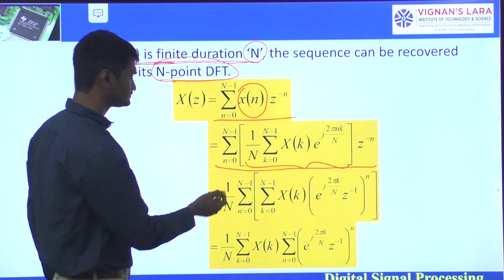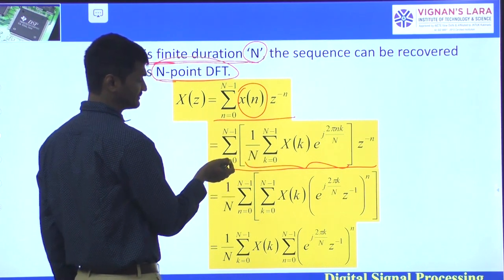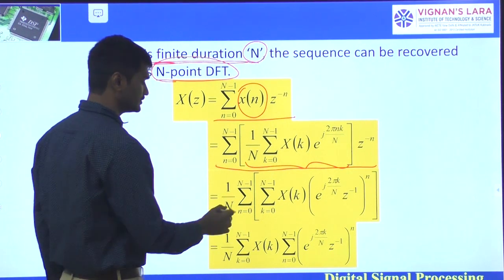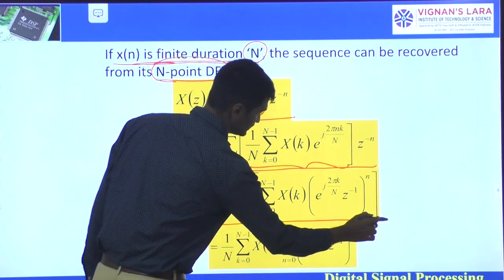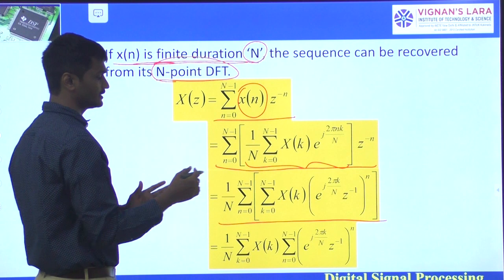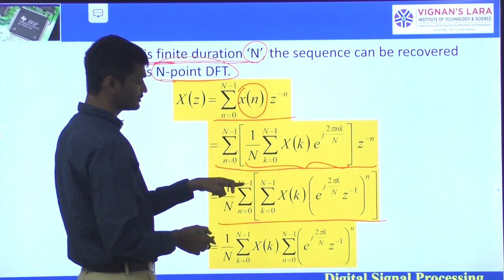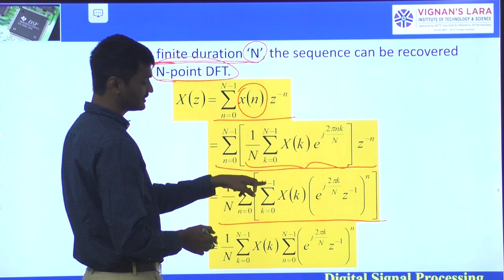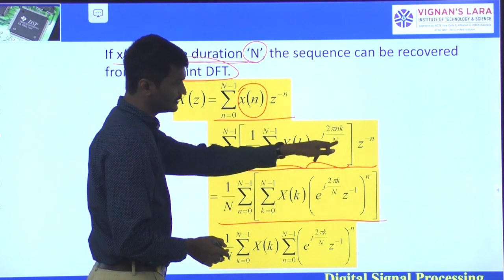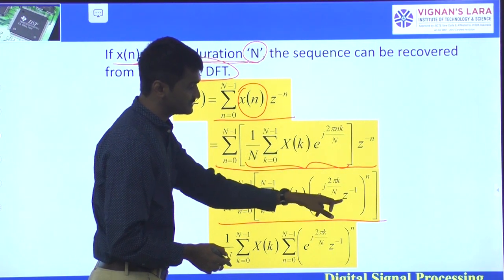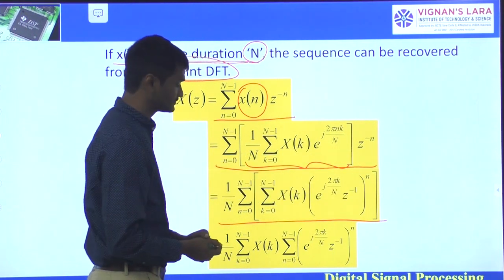Okay, then the next one. There are two sums, over n equals 0 to N minus 1 and over k equals 0 to N minus 1. So write all the terms wherever k and n appear: 1 by N, sum over n equals 0 to N minus 1 and sum over k equals 0 to N minus 1 of X of k e power j 2 pi k n by N, z power minus 1 whole power n.